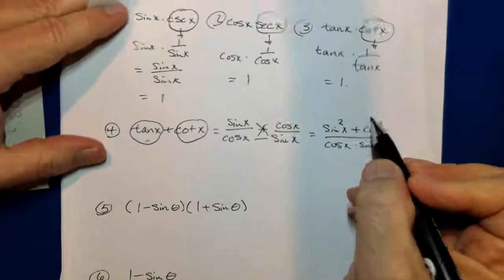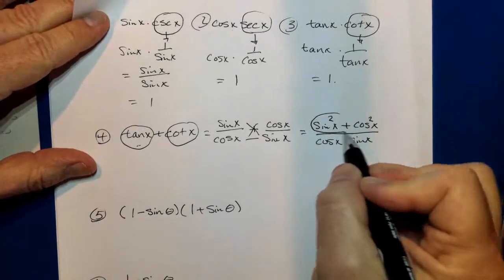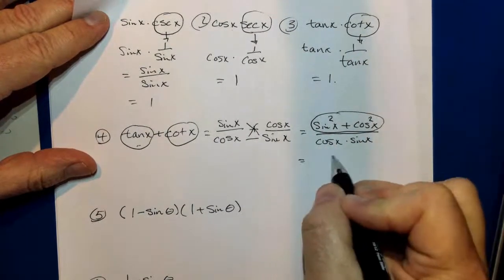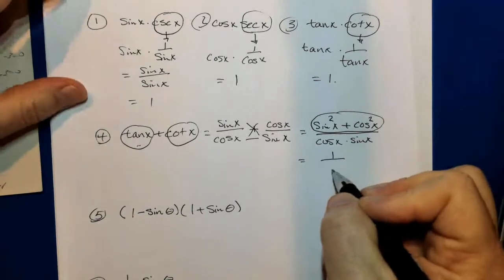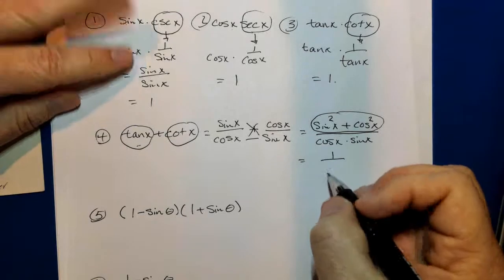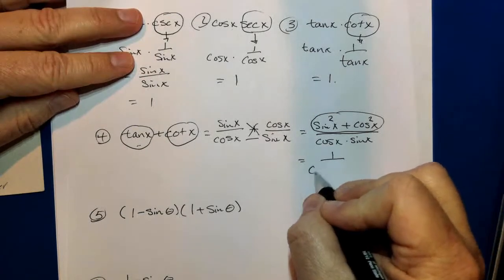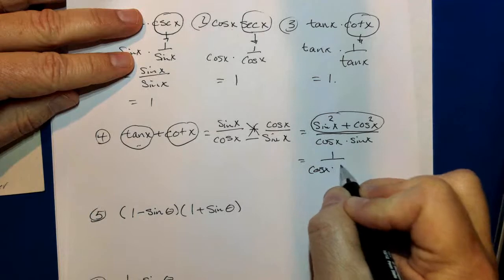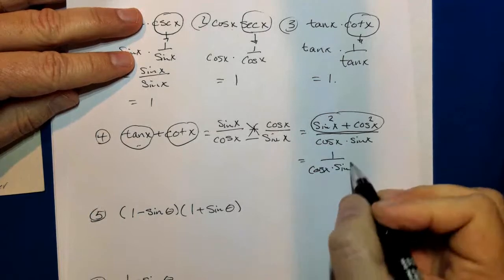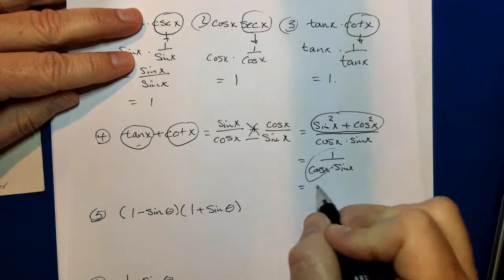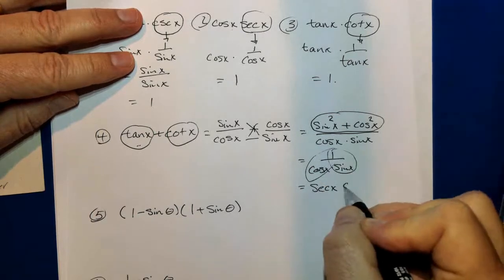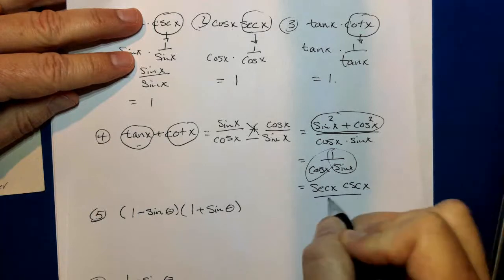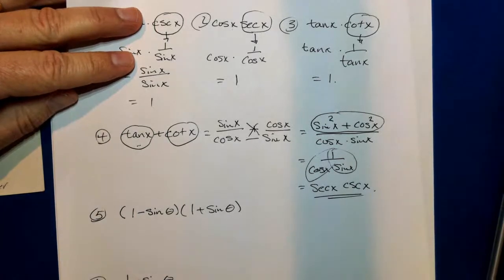That means that we can take this numerator and substitute 1 for sine squared plus cosine squared, which leaves us now with 1 over cosine x times sine x. 1 over cosine x is secant. 1 over sine x is cosecant. And so our expression simplified to secant x times cosecant x.